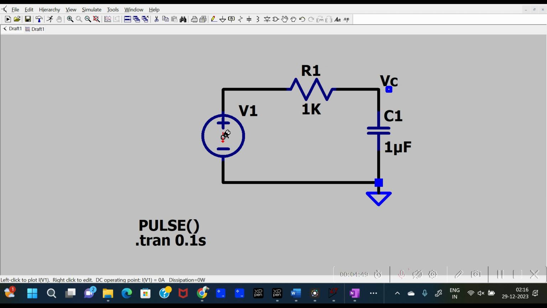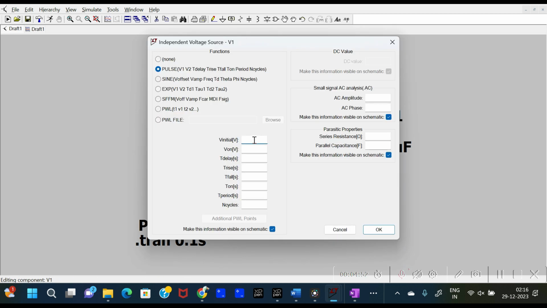The initial voltage we'll consider as 0 volts, and since it is a pulse with a higher value of 9 volts, put 9 here. The delay we'll keep as 0. The rise and fall time, both put 1 nanosecond.